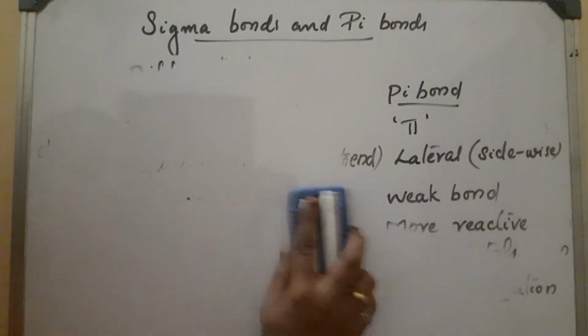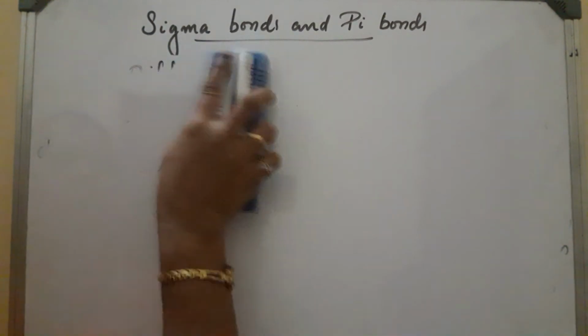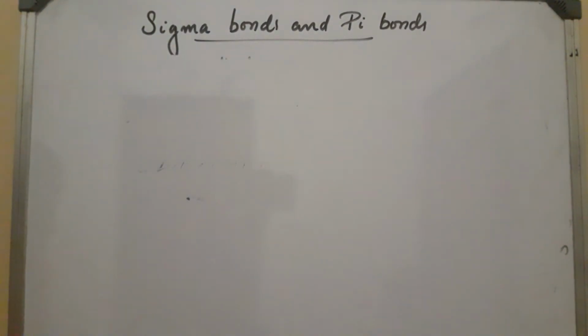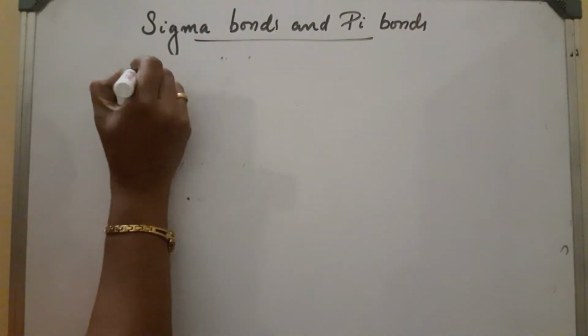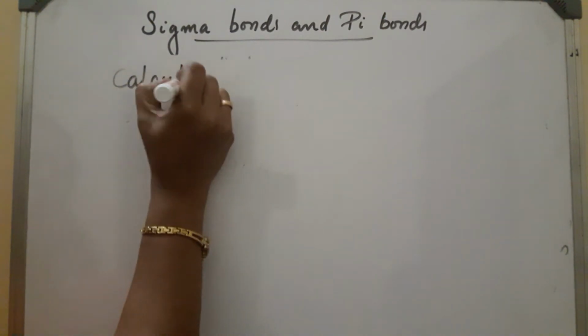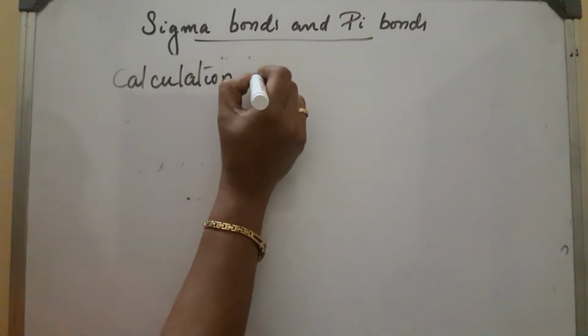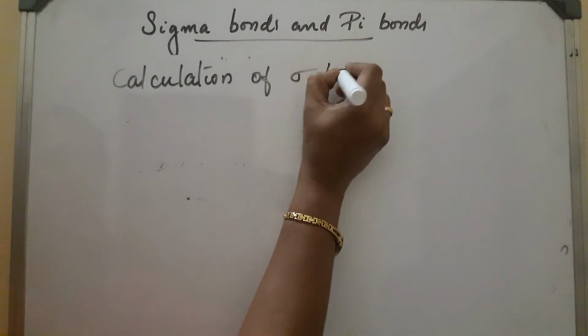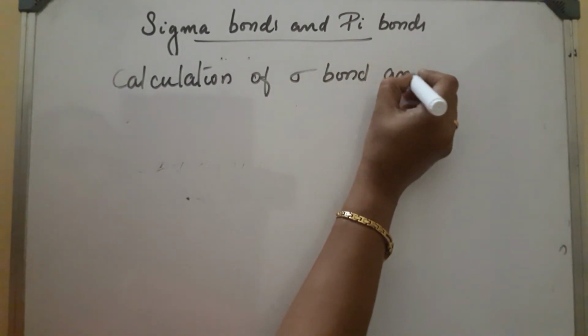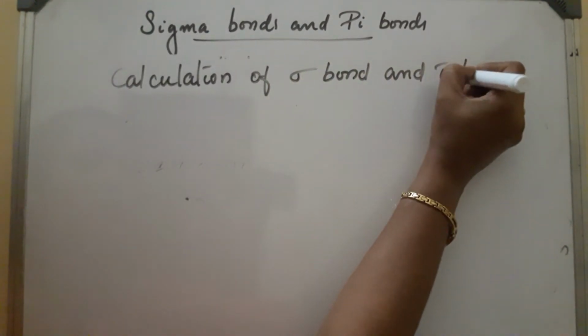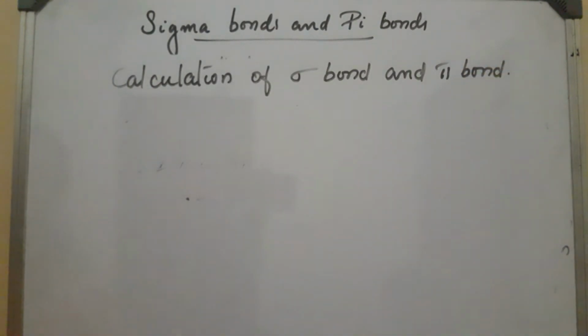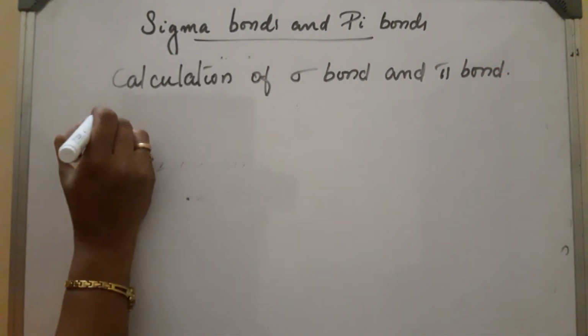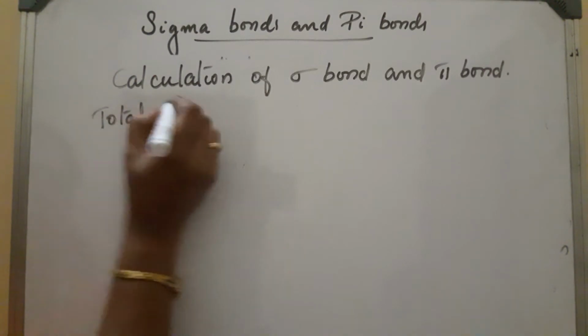Calculation of sigma bonds and pi bonds. How can we calculate?